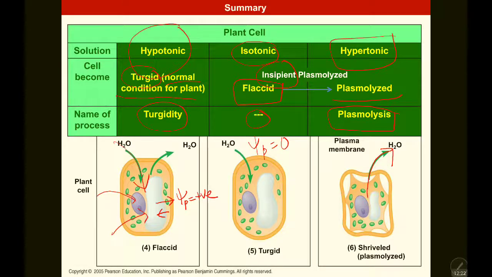For this one, the pressure potential is also equal to 0. So the pressure potential is either a positive value or 0. Pressure potential never goes negative because it refers to the pressure exerted on the cell wall. So it's either got pressure or no pressure, never a negative value.